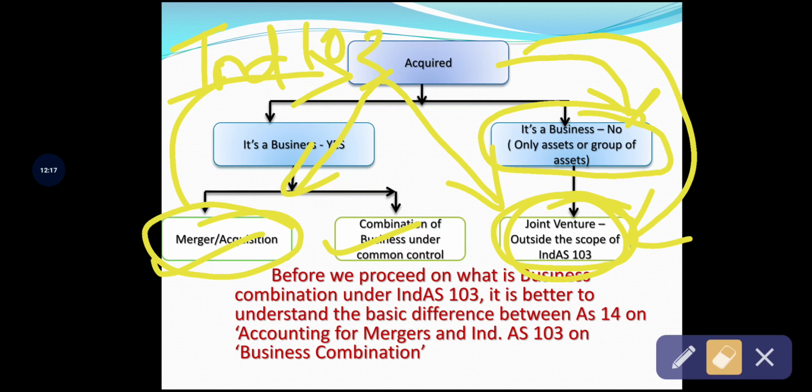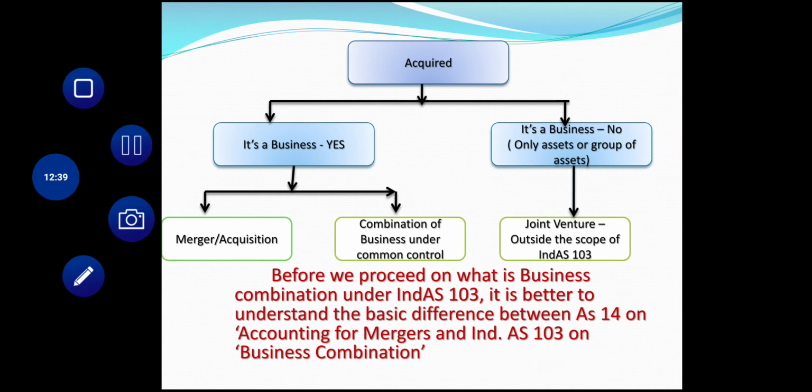That is, when the business organization purchases assets and liabilities from another business organization, and these assets and liabilities are related to a business, then Ind AS 103 is applicable. When those assets are not related to a business, then 103 is not applicable. I hope all of you understood.